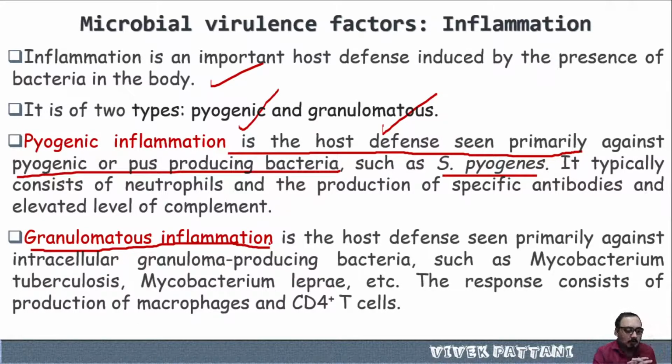Granulomatous inflammation is the host defense seen primarily against intracellular granuloma-producing bacteria such as Mycobacterium tuberculosis. It has the capability to produce granulomas inside the respiratory system.